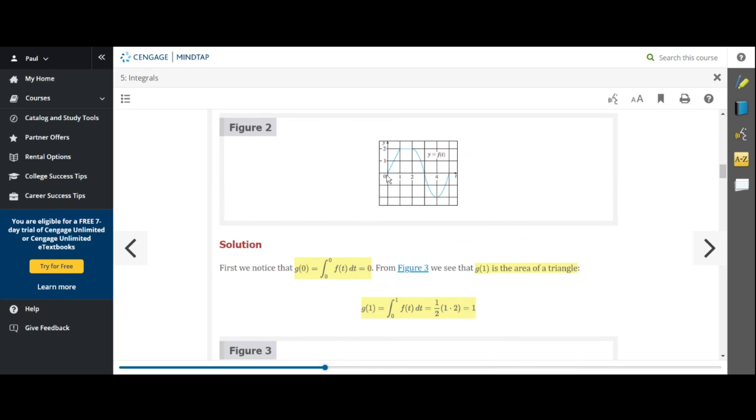That triangle has base 1 and height 2. The area of the triangle is 1/2 base times height, which gets you 1. Are there any questions so far on what you're seeing here?